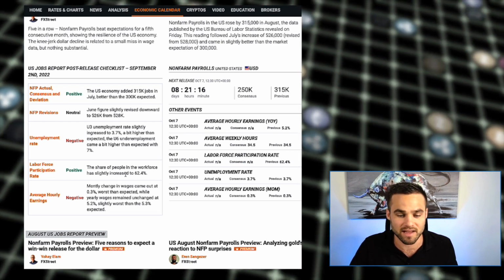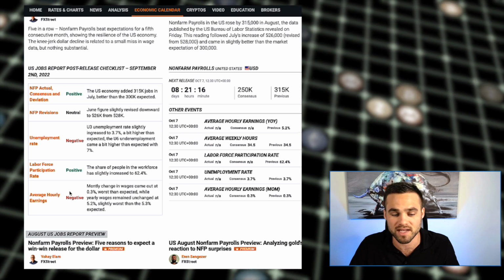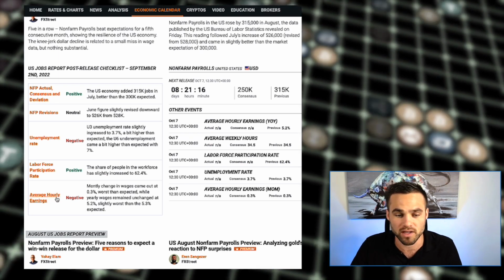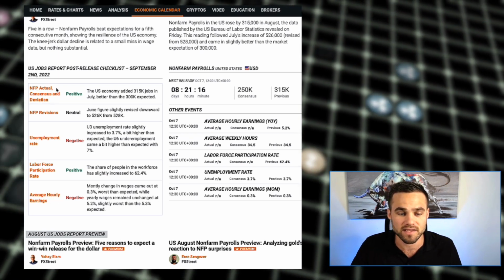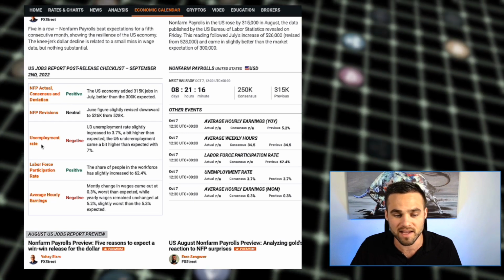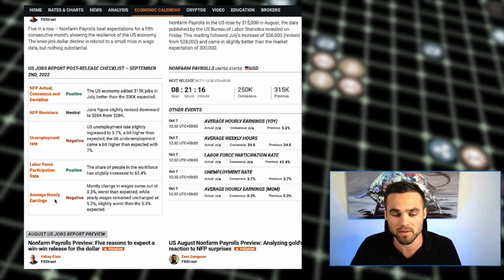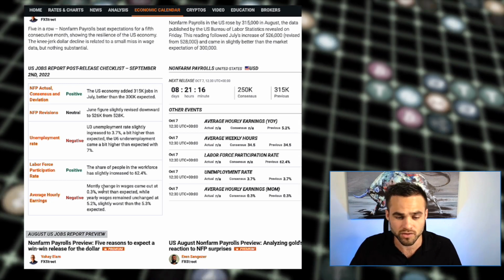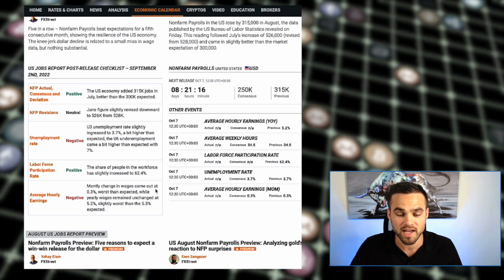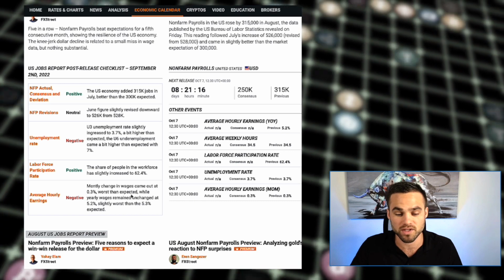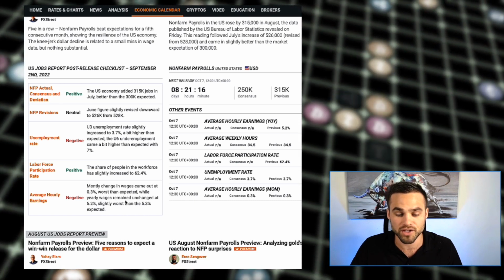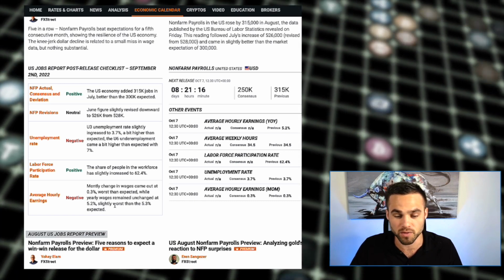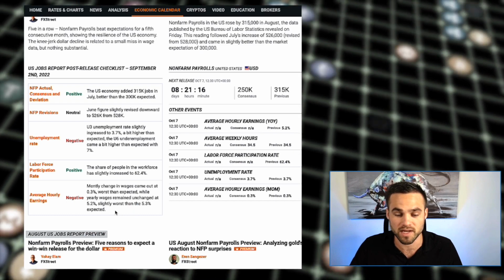You can see that it's slightly increased to 62.4%, and you can see the average hourly earnings. Now, I would say that the jobs number is the most important metric, and then secondly, unemployment, and then probably third, labor force, and then fourth, average hourly earnings. You can see that the monthly change in wages came out to 0.3%, worse than expected, while yearly wages remained unchanged at 5.2%, slightly worse than the 5.3% expected.